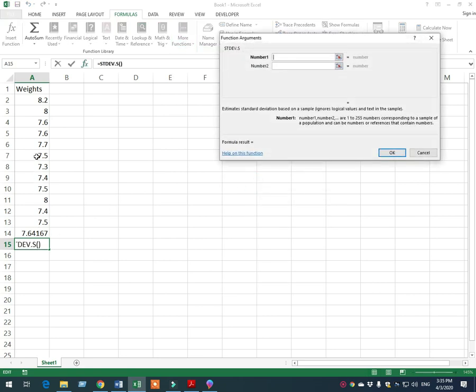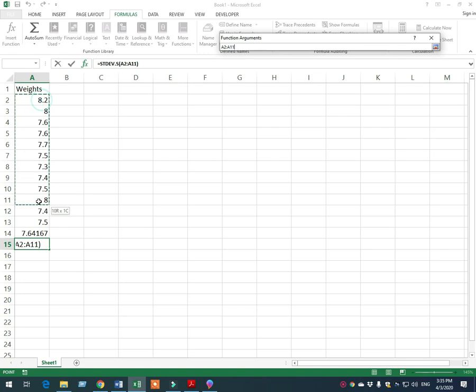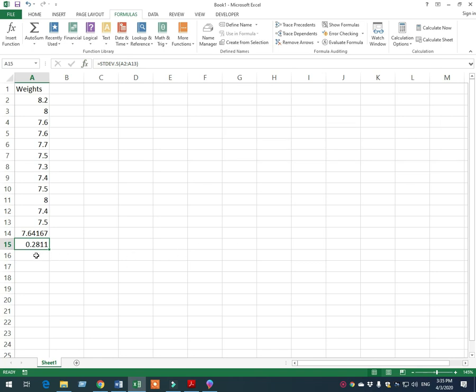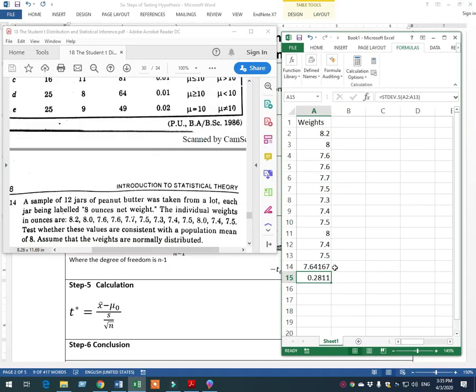It is asking me for the region, so this is our region of selected values, and this is our standard deviation of these 12 jars. So guys, I have calculated the mean and the standard deviation. So the mean and standard deviation are found.